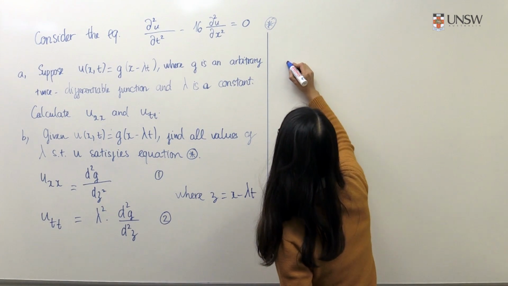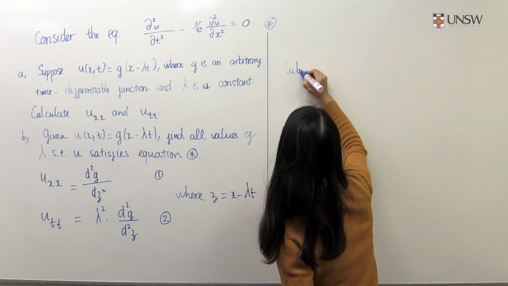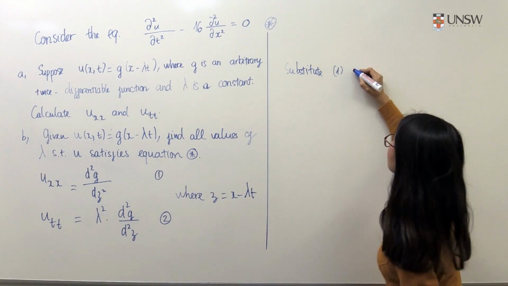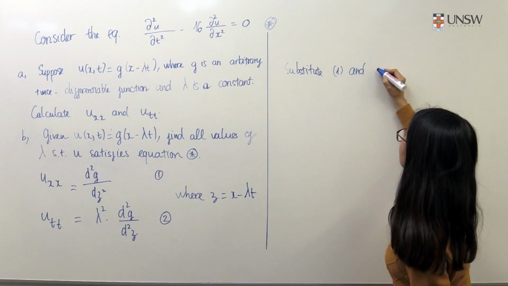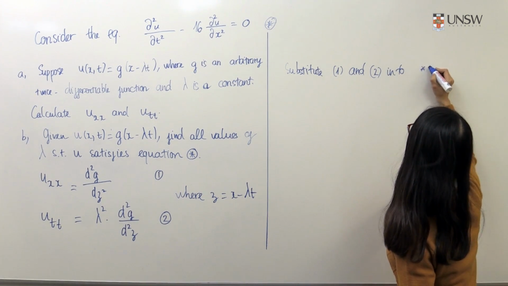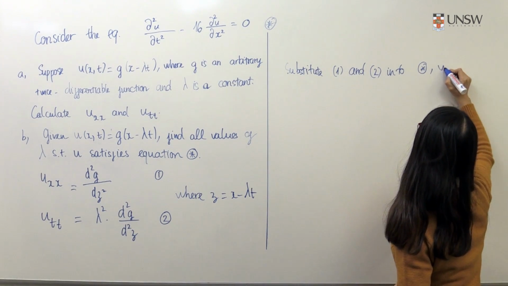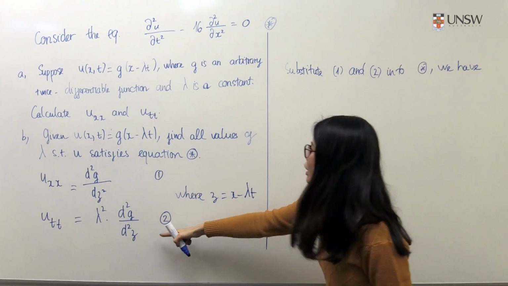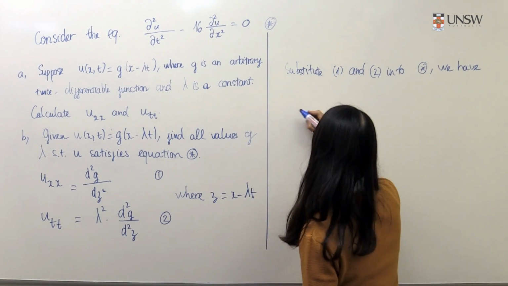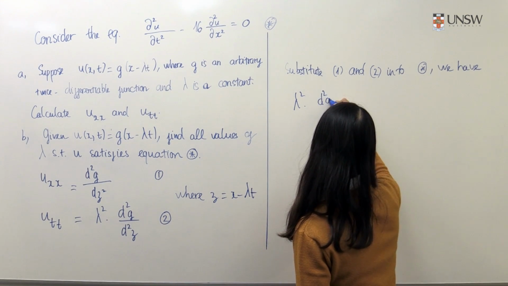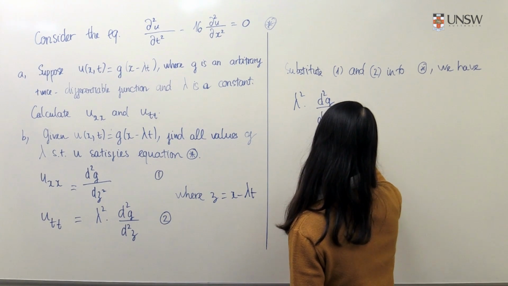So substitute 1 and 2 into star. And then we have, we simply replace the first part with lambda squared times the second derivative of g with respect to z.